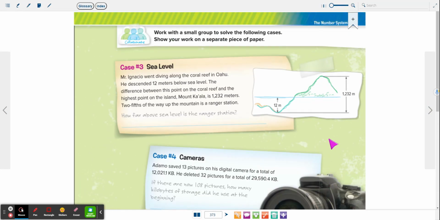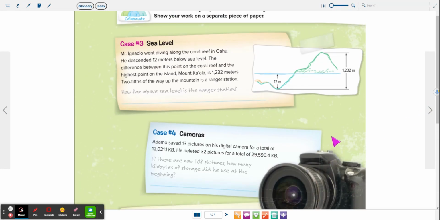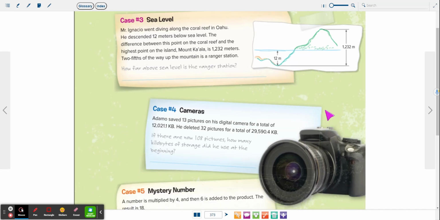All right. Let's go on to page 373. Now, like I said, you're going to work with a partner on this. You are going to read the problem first. Don't just try to guess at how to solve it. Please read it carefully and think about the steps. We're working backwards on these. Remember that? Working backwards. So you're going to start with what you know and work back to what we need to know.